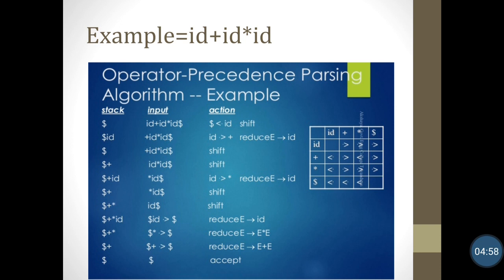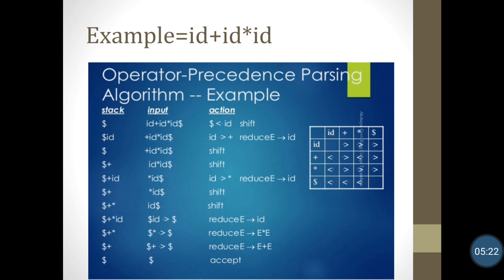So first we will add ID in the stack. ID has high precedence. Next is plus. So we remove ID and add plus in the stack. After that again we have ID. ID has higher precedence, so no need to perform the pop function and we will insert ID in the stack.